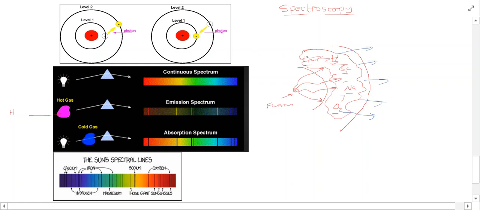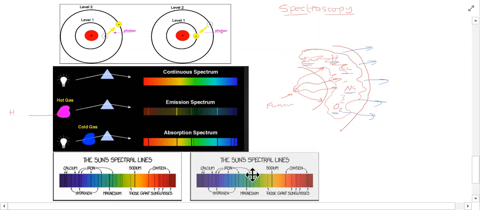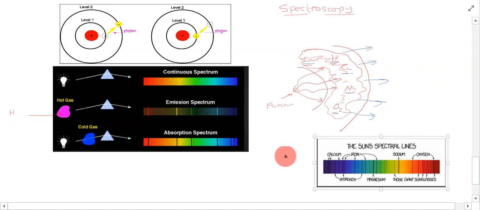But what actually happens is these atoms within the atmosphere of the sun, that have been generated in the core, absorb particular wavelengths of light. So you'll get something like this. For example, the lines here on the spectra for the sun are associated with iron atoms. The iron atoms are soaking up these colors of light, these photons of light that are coming out of the core. So that's what's happening here.